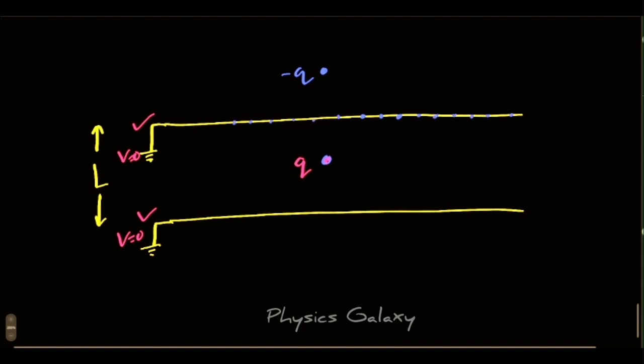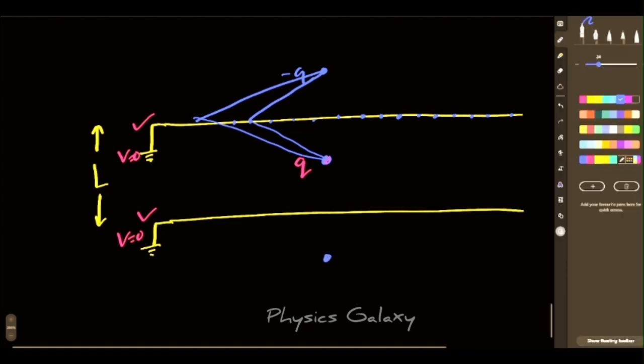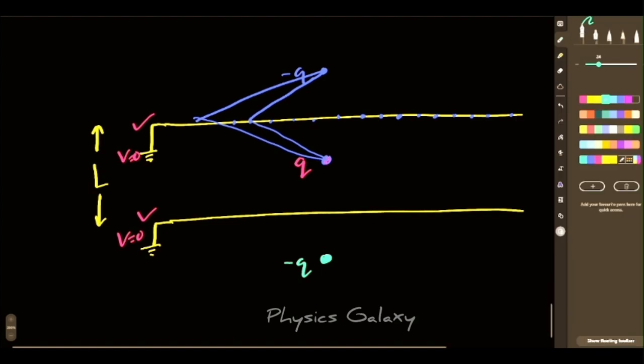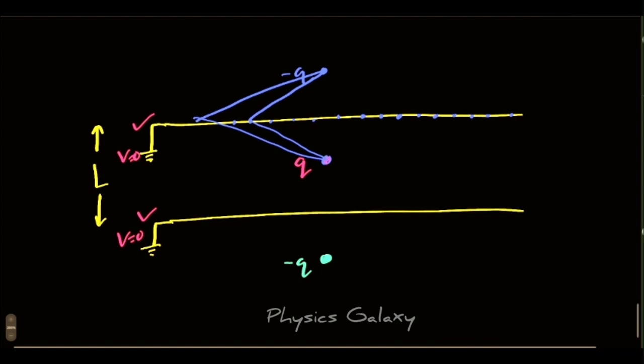As you calculate the potential due to minus Q and due to this plus Q, at all points it will be 0. Now for this plane I have to place an image charge also. So let's put minus Q. This minus Q will make sure that all the points on this lower sheet are 0.